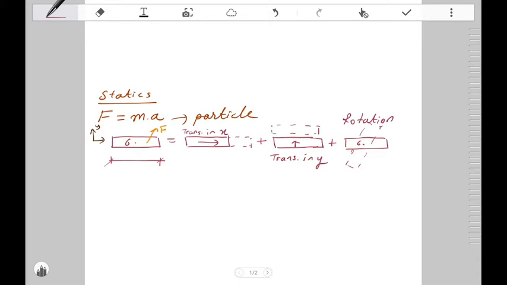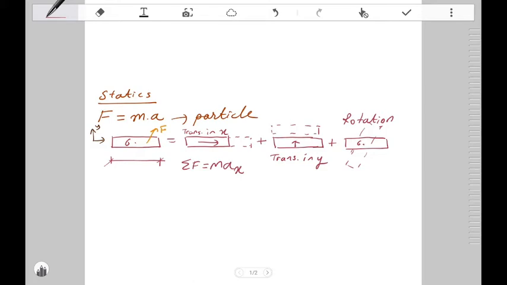Now, how can I write the equilibrium equations? Dynamic equilibrium equations for each case. So for the first case, we say that the sum of all the applied forces in the x direction is equal to the mass of the body times the acceleration in the x direction.